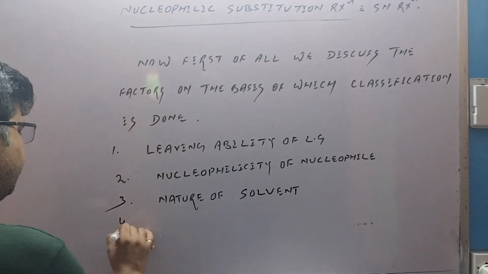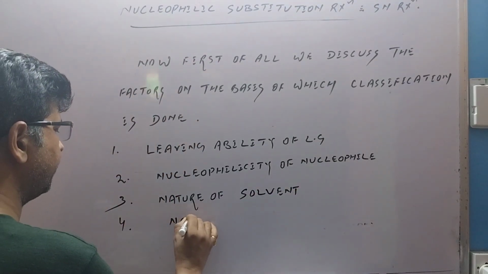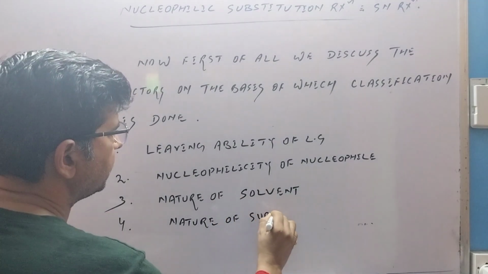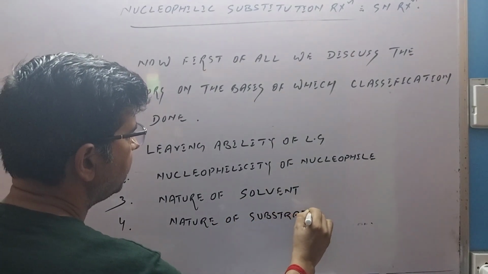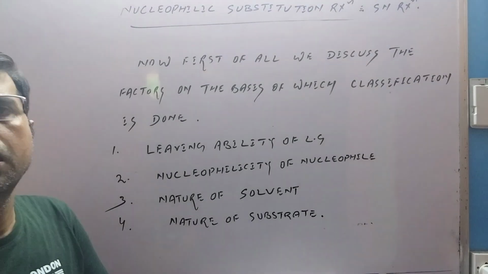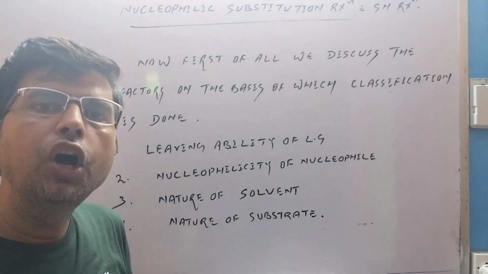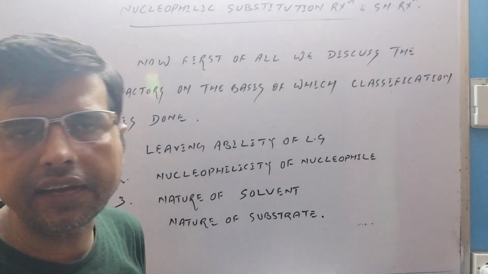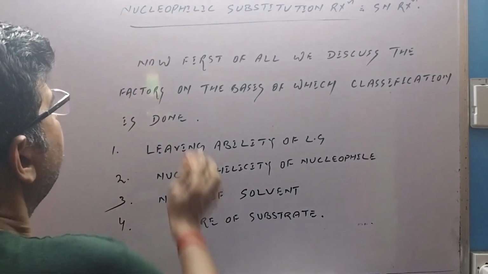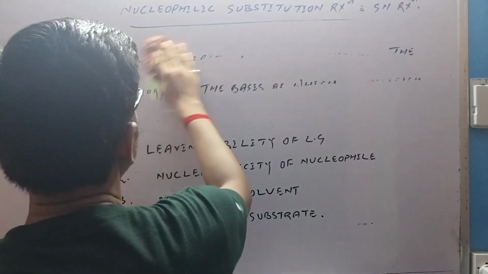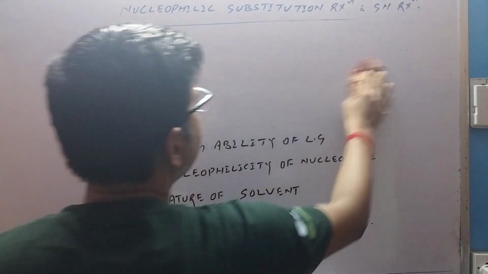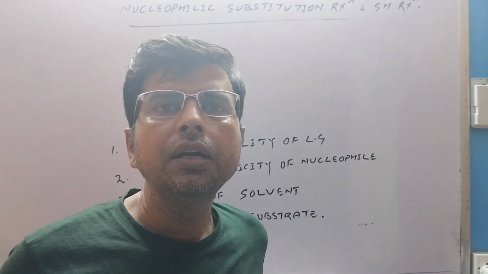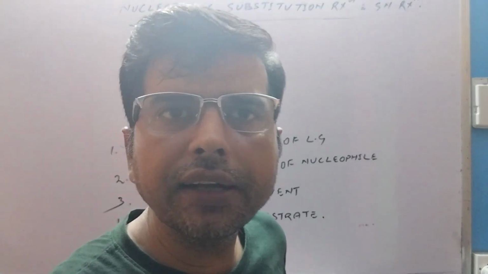And the last factor is nature of substrate. These factors define which kind of mechanism proceeds in a particular reaction. So one by one we discuss the factors. Classification simply means mechanism, and mechanism means what? It means pathway of the reaction.